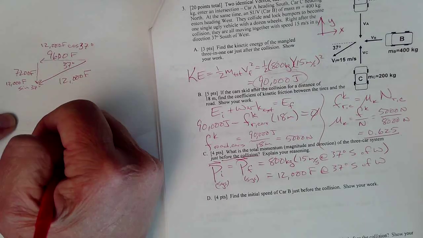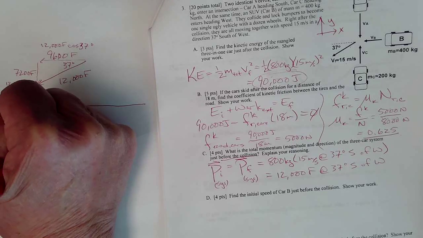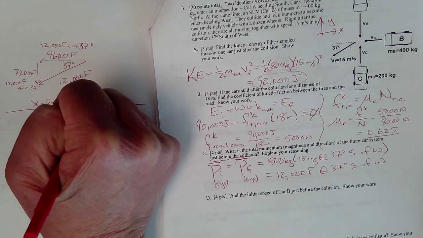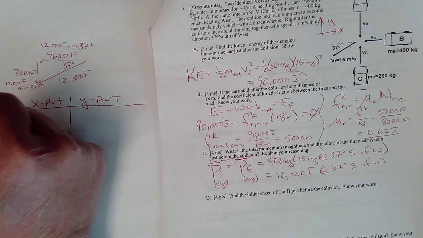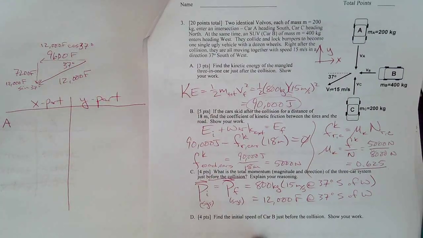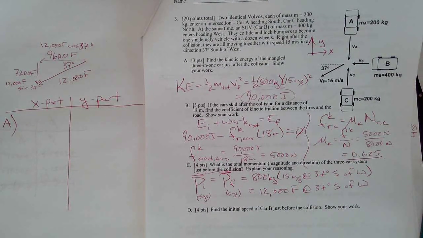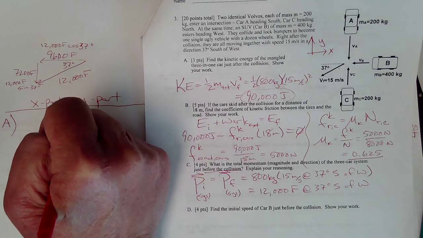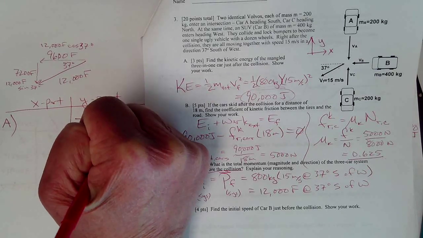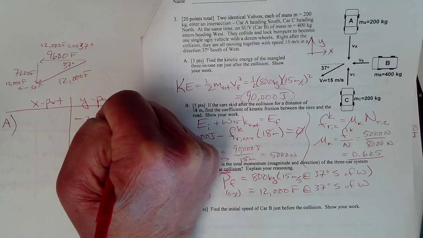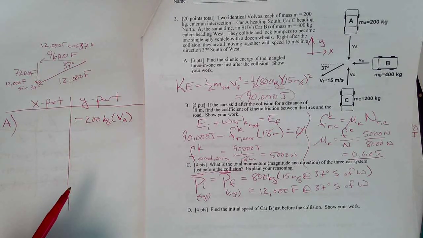Now, if I make a table of the x part and the y part of the momentum of these cars, well, car A, if you look at car A, it's all going in the negative y direction. So there I've got negative 200 kilograms times its speed. I'm going to make that a positive quantity. I've already got the minus sign here to say it's going in the negative direction.